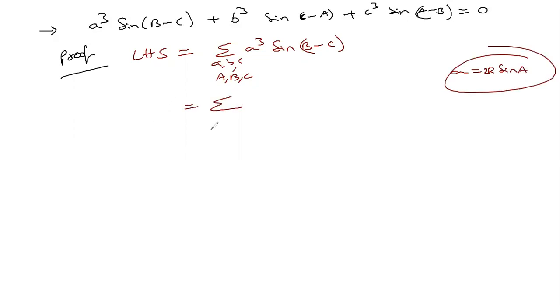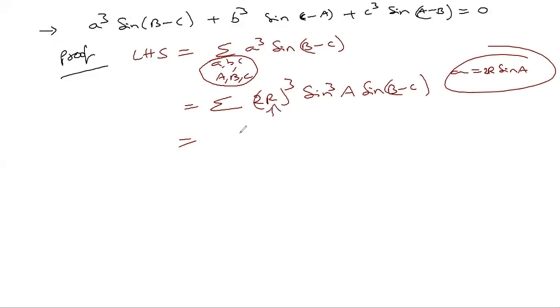It is sigma a cube, which means (2R) whole cube sine cube A into sine(B minus C). You can see we are applying sigma only for these, so this is a constant for the sigma. So it is (2R) whole cube outside the sigma.